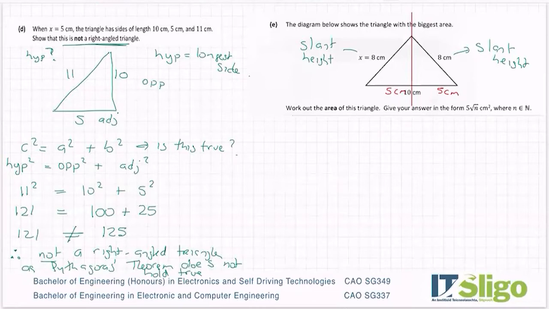Okay, so how do I work out the area of the triangle then? Well, I think you need to work out this side here, the perpendicular height side. So how do I do that?